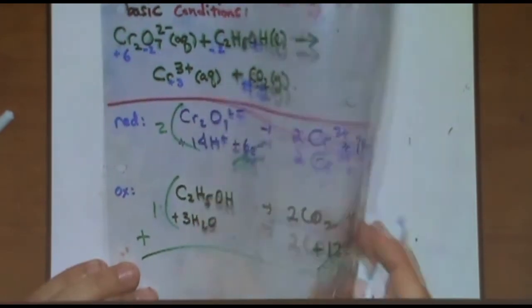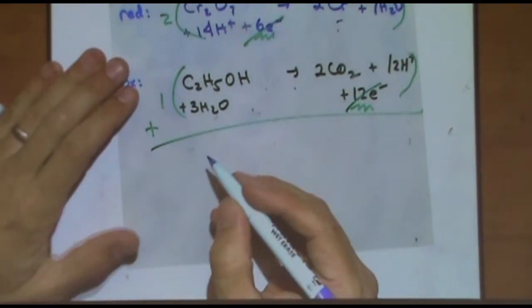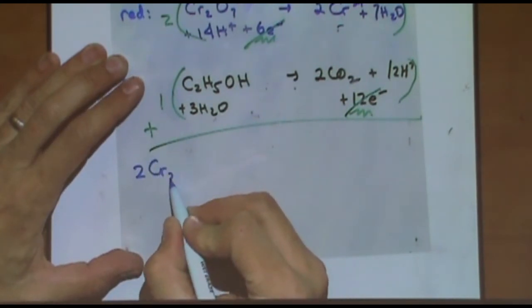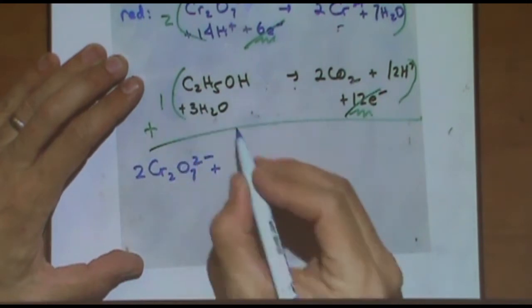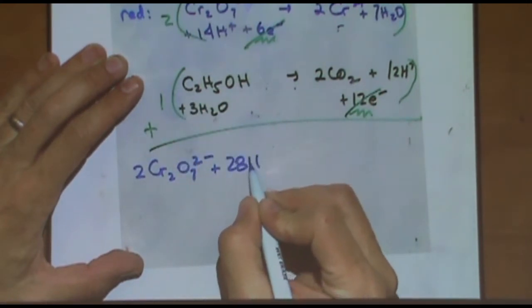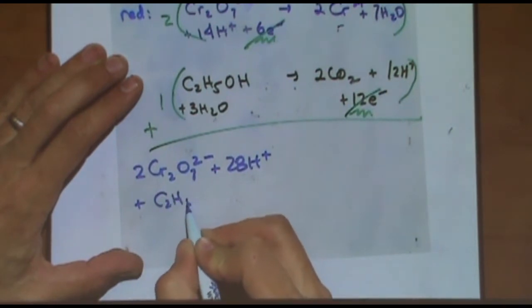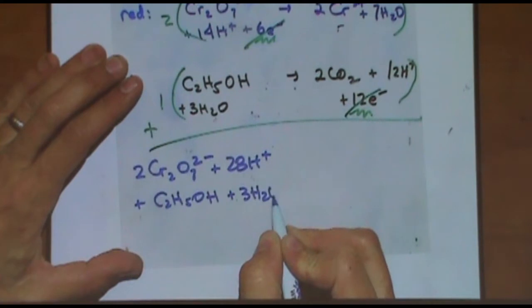Okay, I'll do all the reactants first. 2 dichromate ion plus 28 H plus, C2H5OH, that's ethanol, plus 3 water.